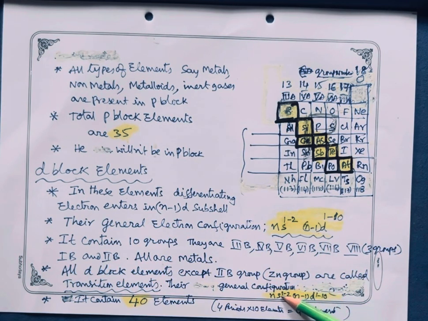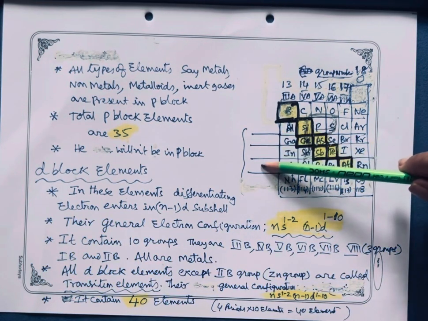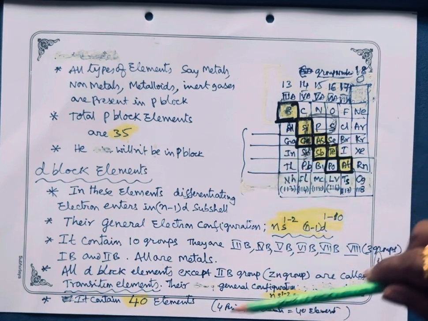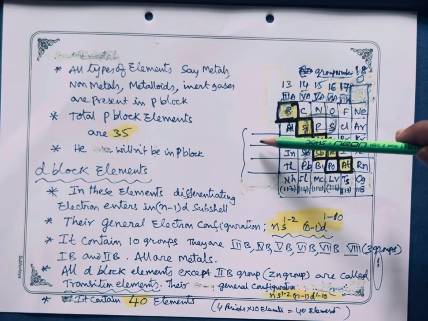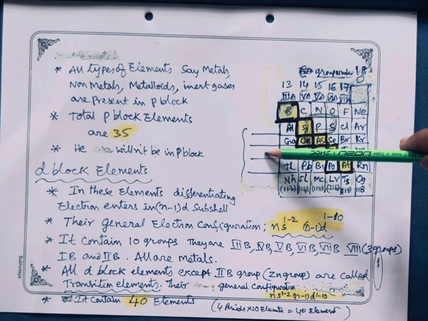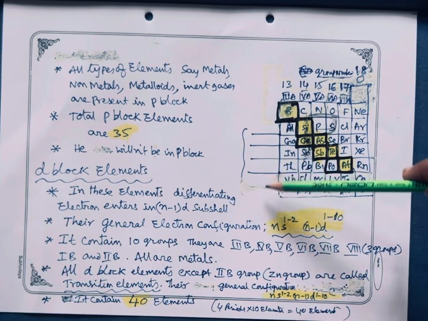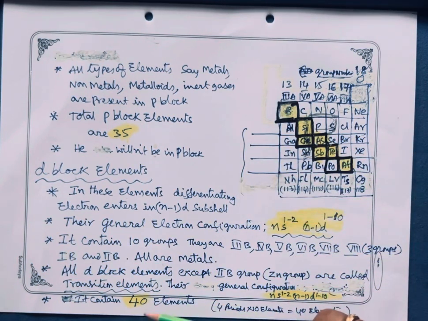One of the electrons shifts from the ns level to the n-1 d subshell. That is the general outermost electron configuration for transition elements. They consist of 4 periods. Each period contains the 3d series 10, 4d series 10, 5d series 10, 6d series 10. So 4 periods into 10 elements, 40 elements will be there in the d block.